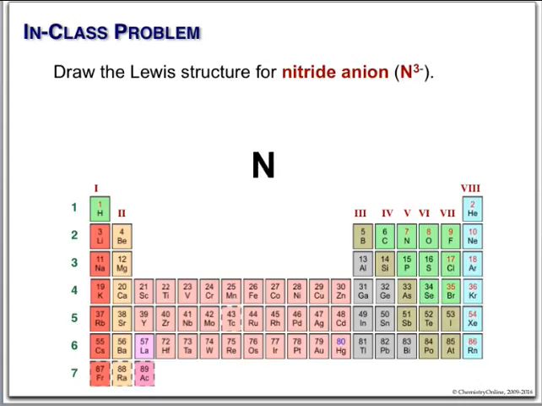Because there's 5, we'll have 1 pair and 3 singles. And how do we make a trianion? We simply add 3 more electrons.